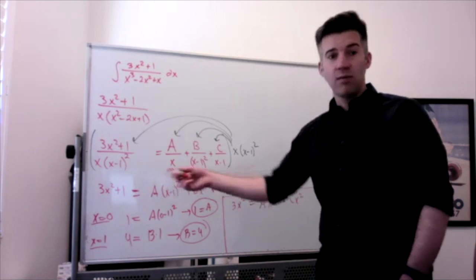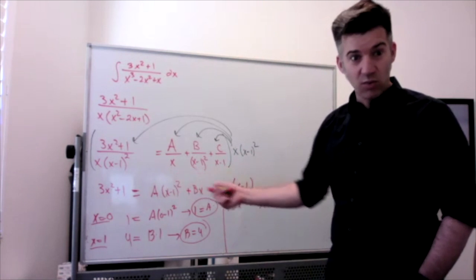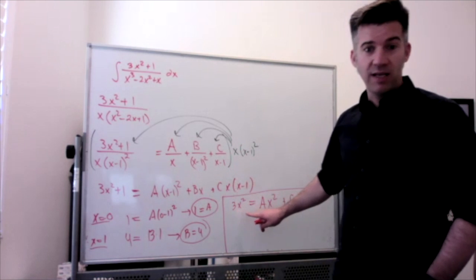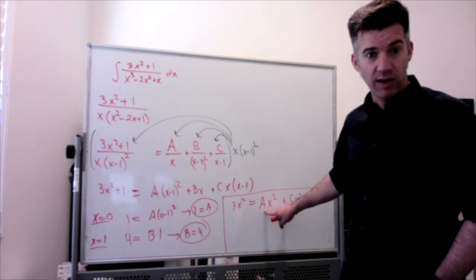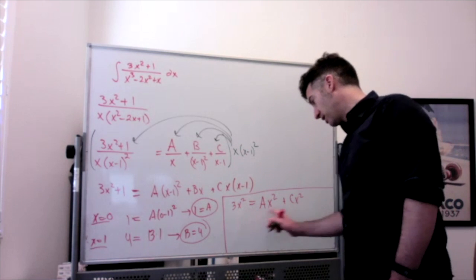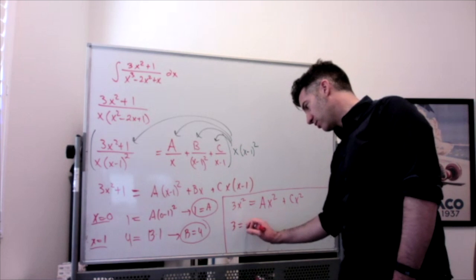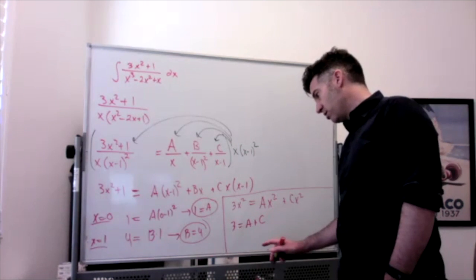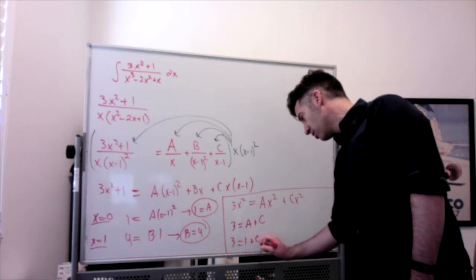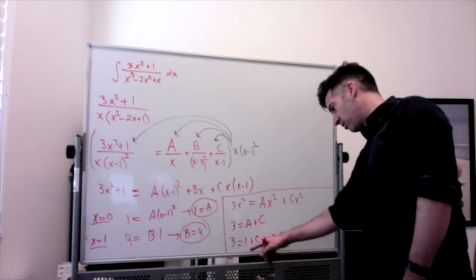And since these polynomials are equal to each other, the amount of x squared on the left has to be the same as the amount of x squared on the right. Meaning this 3x squared has to equal ax squared plus cx squared, or 3 equals a plus c. And since I know a is 1, I know that c has to be 3 minus 1, which is 2.